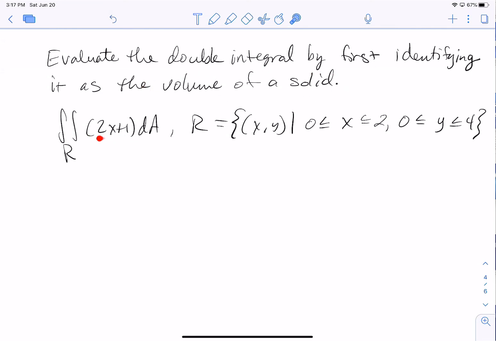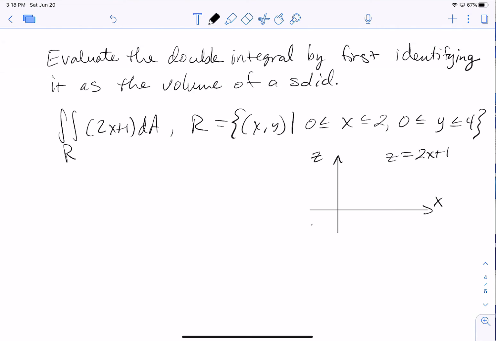I'm going to start, since the integrand is 2x plus 1, by looking at the trace in the xz plane, imagining that the integrand f(x, y) is z equals f(x, y), which in this case becomes z equals 2x plus 1.